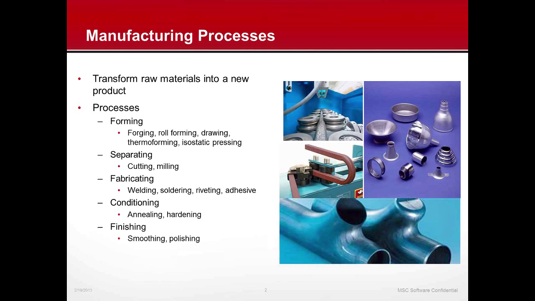The next one is the conditioning processes, which are used to change the internal or external properties of the materials, and this could involve using heat, chemical, or mechanical means to change the structural characteristics of the material. They're used to change properties like hardness, the strength of the material, resistance to wear, and even fatigue life of the material.